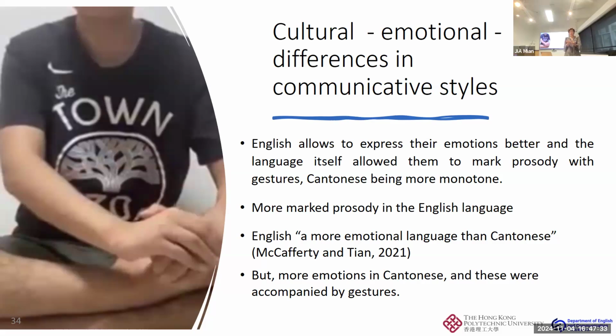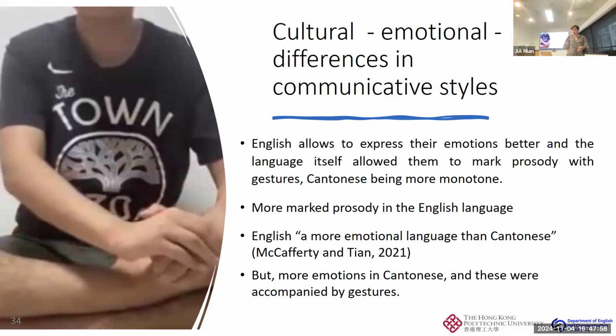And we wonder whether this comment is related to what I was saying to you at the beginning about the prosody of the languages. So is English indeed a better carrier of prosody because it allows stress that Cantonese doesn't? This is an area that needs to be looked into.